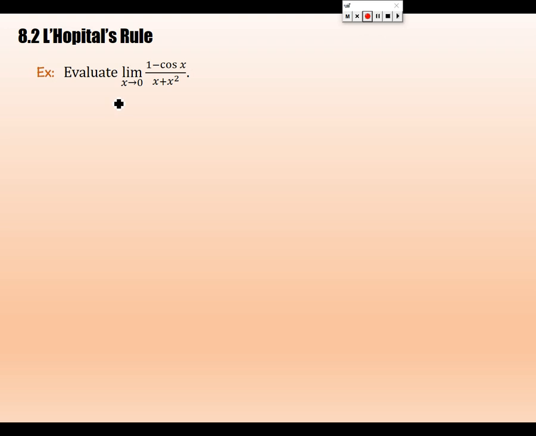Keep in mind that if it comes out to be like 7 over 0, that's not indeterminate. What is that? It's just undefined, or infinity or negative infinity, right? The only indeterminate form we've discussed today is 0 over 0. There are others, but 7 over 0 is not one of them.